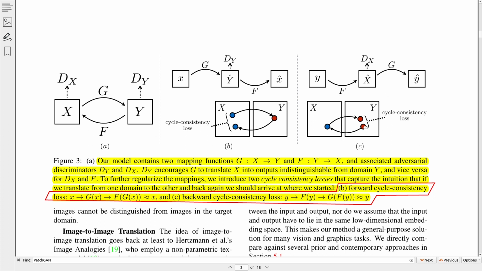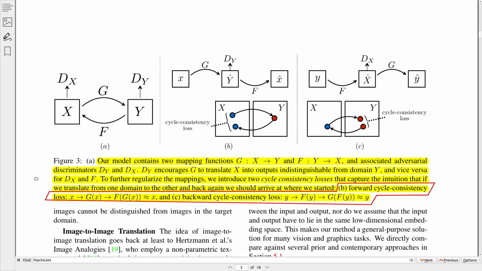Here I am starting with Y, that is input to my generator F, and then I get X, and then that X is again input to the generator G here, and G will produce Y. So the starting position from this Y domain goes through two generators to produce the original Y again, and theoretically they should be the same because they belong to the same domain, but they will not be exactly the same, and to the extent they are different, that is cycle consistency loss.